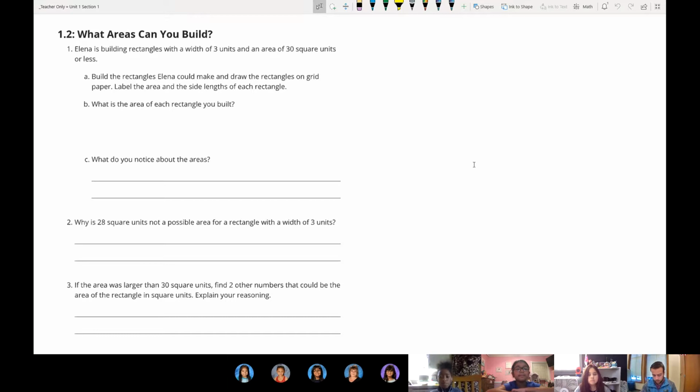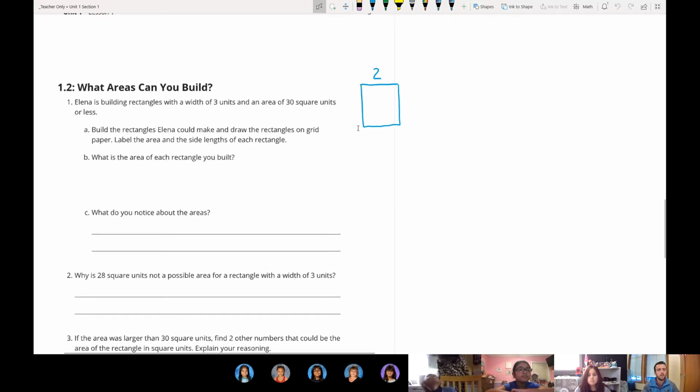I'll even get the picture started. So if I was drawing, let me go full screen on here. If I was drawing, and this is 2 wide there, and I'm drawing a rectangle and it's coming down like this. Okay, don't know what the height is, how many rows we have, but if I have a rectangle that's 2 wide and then however many tiles down, what is a possible area?